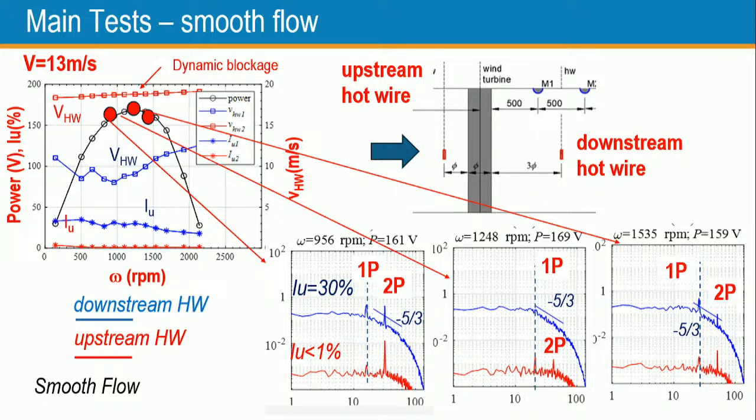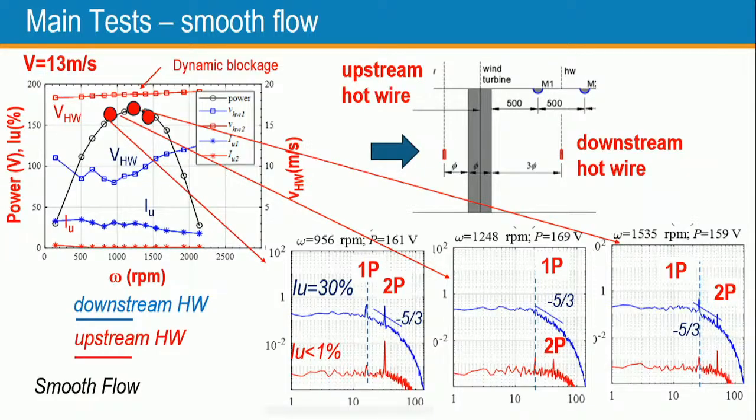Here we recognize the rotational frequency of the rotor, 1p, which exactly matches the value obtained by the Hall sensor, and also the 2p multiple.